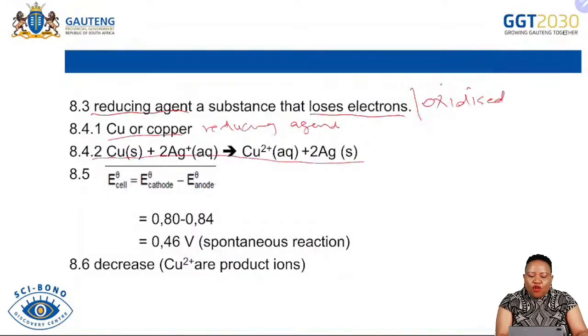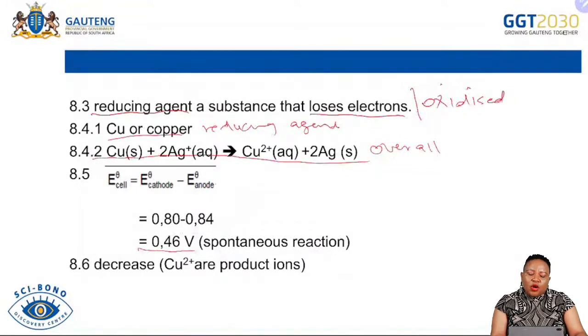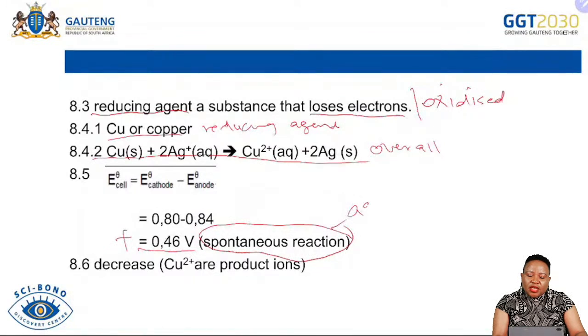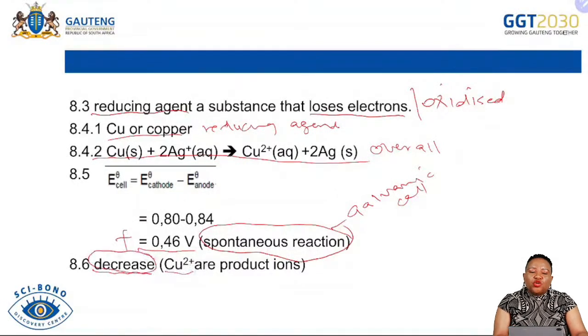This is our overall reaction from our question, and here we were calculating the EMF of the cell, and we have seen that the EMF of the cell was positive, meaning that this cell was spontaneous, and this shows that this is a galvanic cell. As the concentration of the product ion increases, we expected the EMF of a cell to decrease. So this is the information that we've been using in order to understand this question.